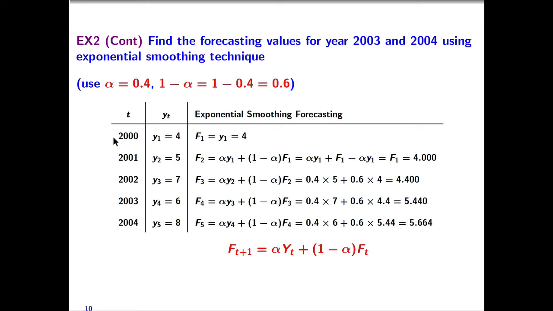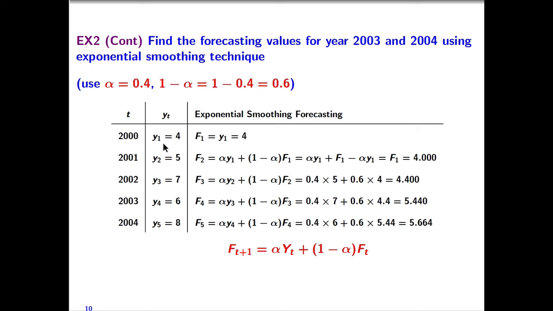So for year 2000, your y1 is equal to 4, and we set F1 equals y1, which is 4. Now, for year 2001, we have from our data set y2 equals 5. And based on this equation 17.2, F2 is equal to alpha times y1 plus 1 minus alpha times F1.